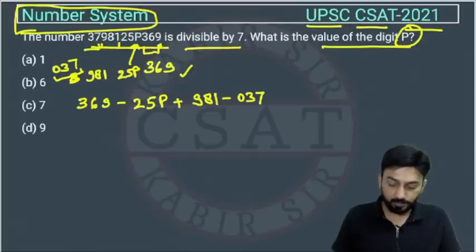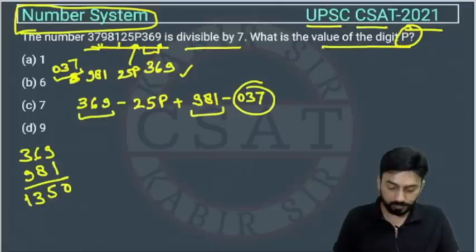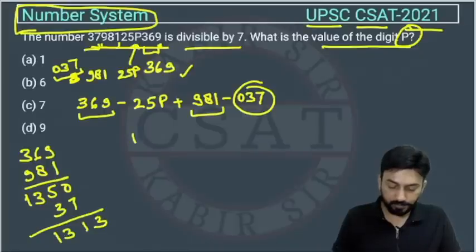We have 981 and 369; we add them, which gives 1350. Now we deduct 37 from this, so we get 1313 minus 25P.